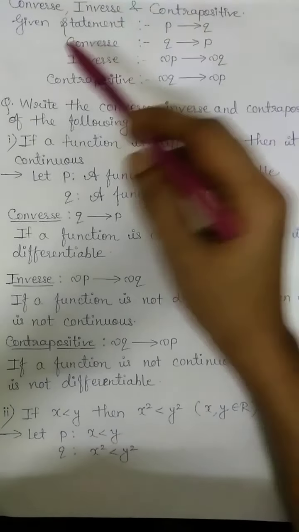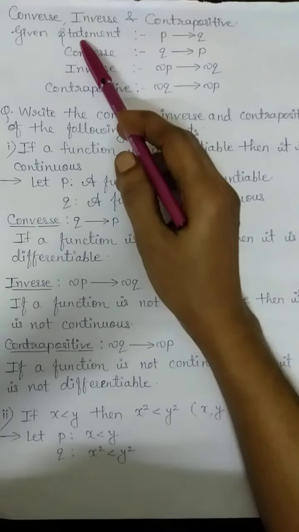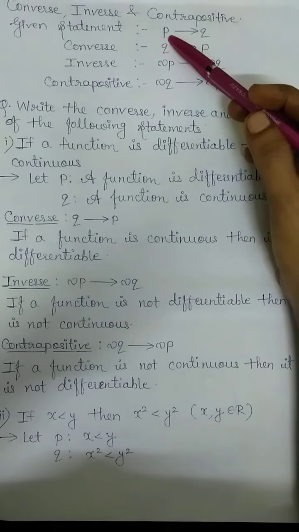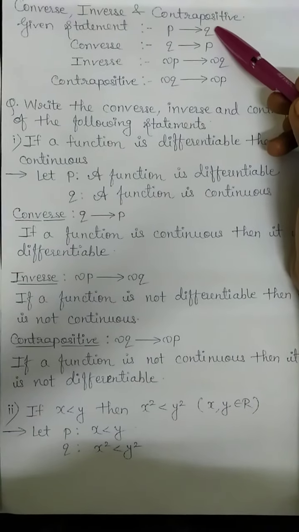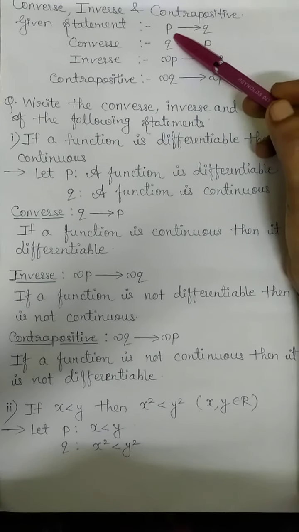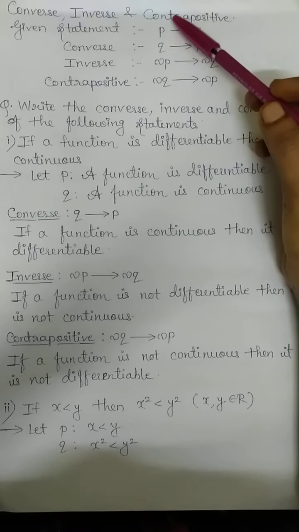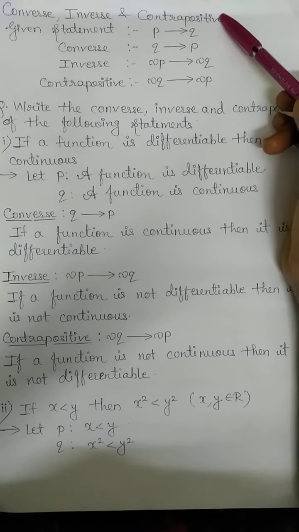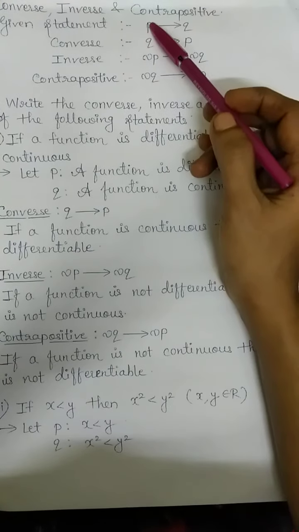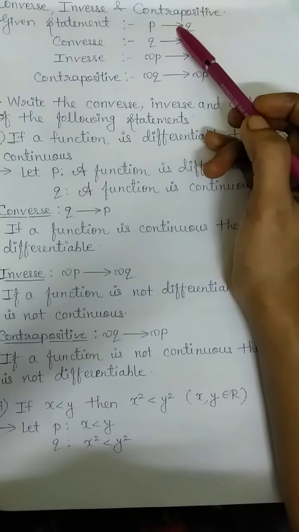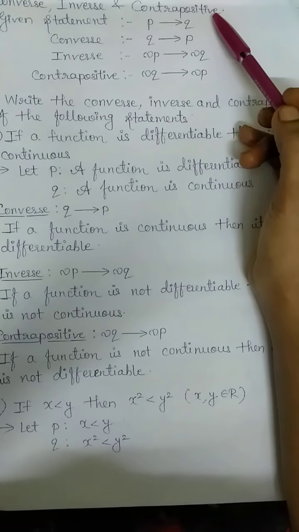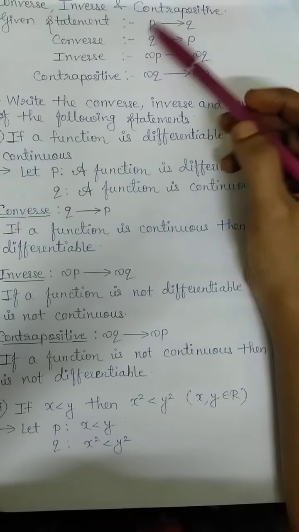Now here the given statement will be in this format, P implies Q. An implication, that is an if-then statement, will be given, and we need to write the converse, inverse and contrapositive. For this implication statement, first we will write P and Q separately.